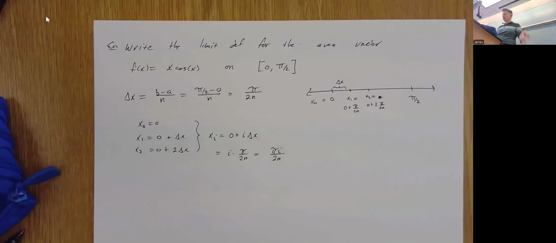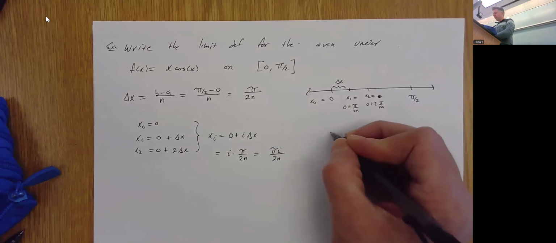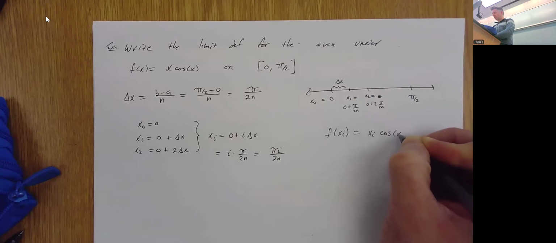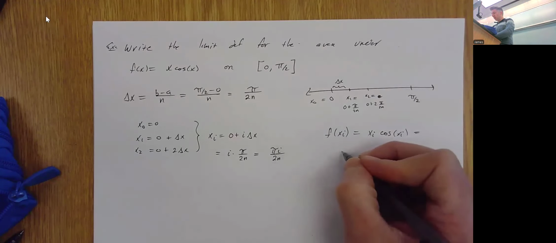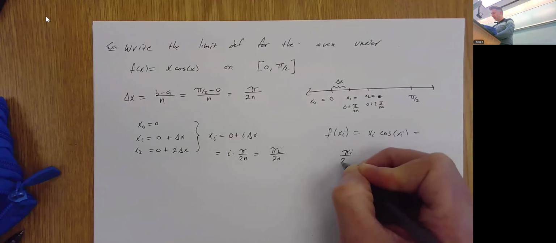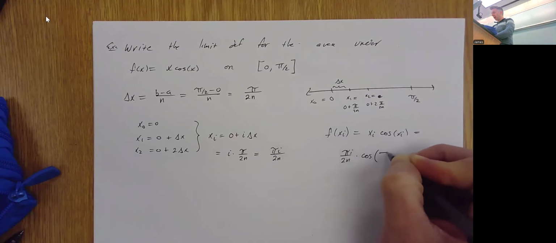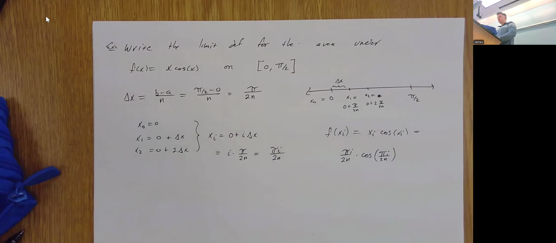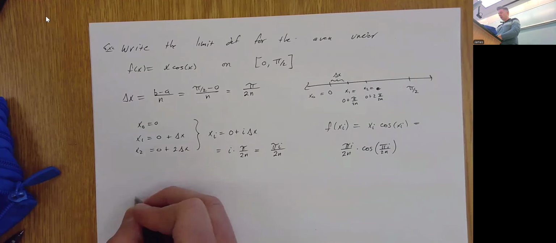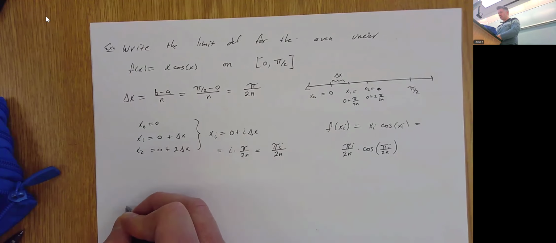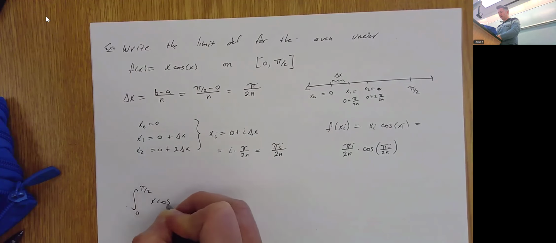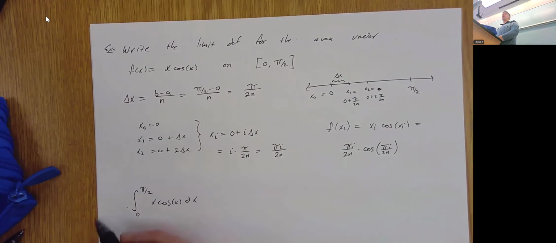We know the function is x cosine x. So then my f of x sub i is going to be x sub i cosine of x sub i, which is really pi i over 2n times cosine of pi i over 2n. Kind of gnarly looking. So then our actual limit definition here is that the integral from 0 to pi over 2 of x cosine x, and for now, all this really means is area under the curve.